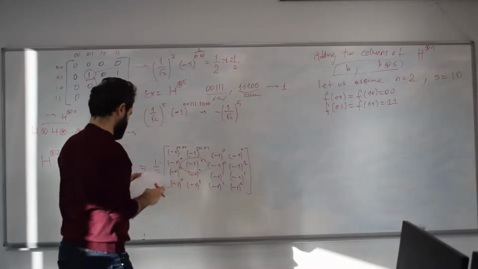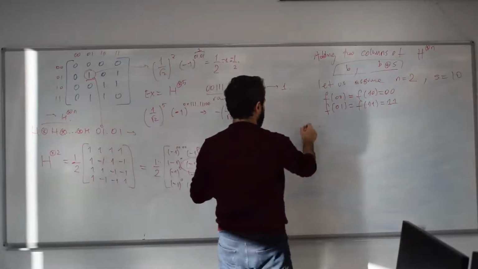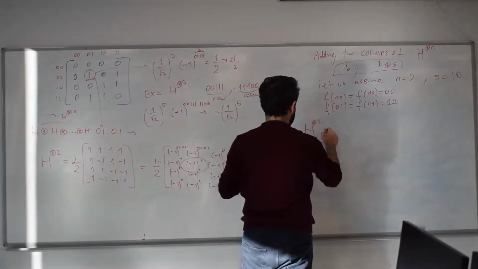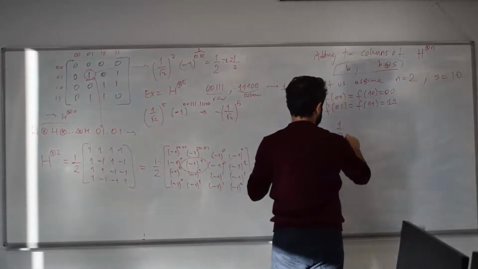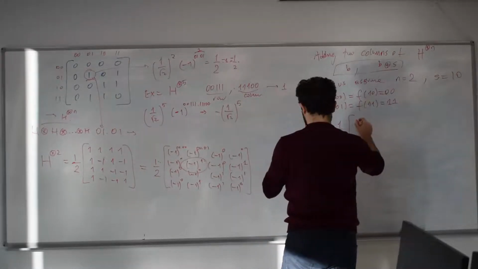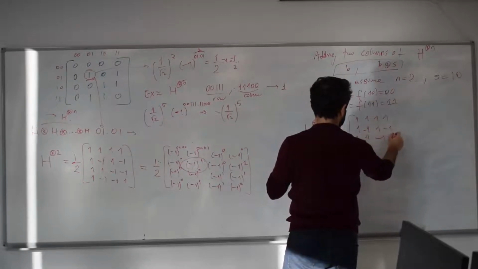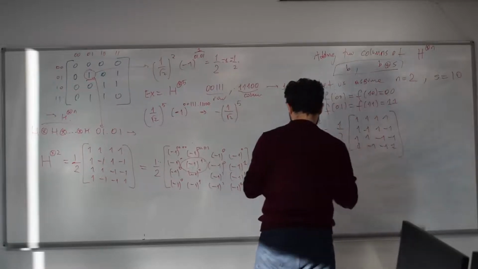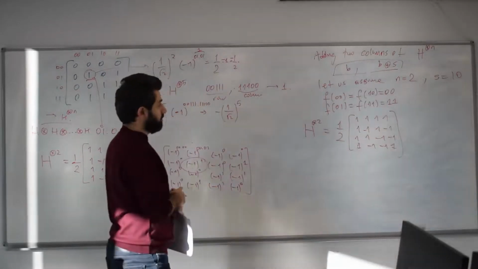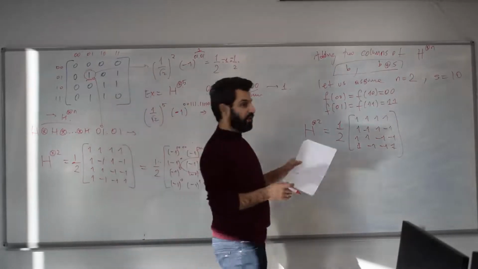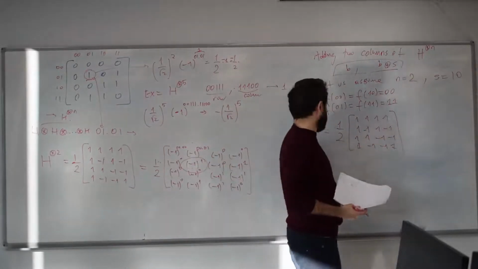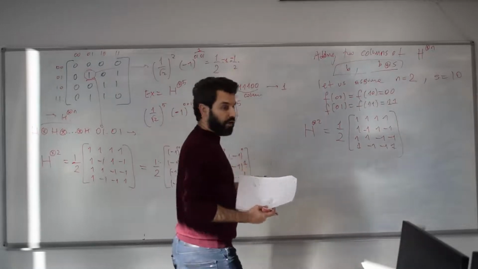Okay? Now, if you look at the Hadamard tensor with itself, we got the following: 1, 1, 1, 1, 1, minus 1, 1, minus 1. Well, 1, 1, minus 1, minus 1, and we got 1, minus 1, minus 1, 1. Okay, that's the corresponding Hadamard, which you can actually find entries through this logic. Okay?